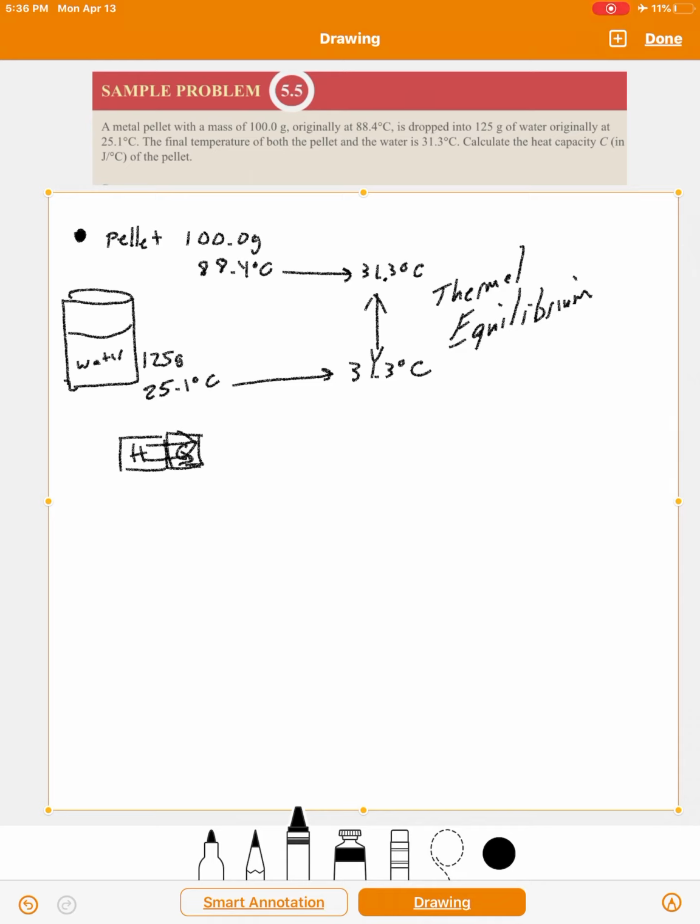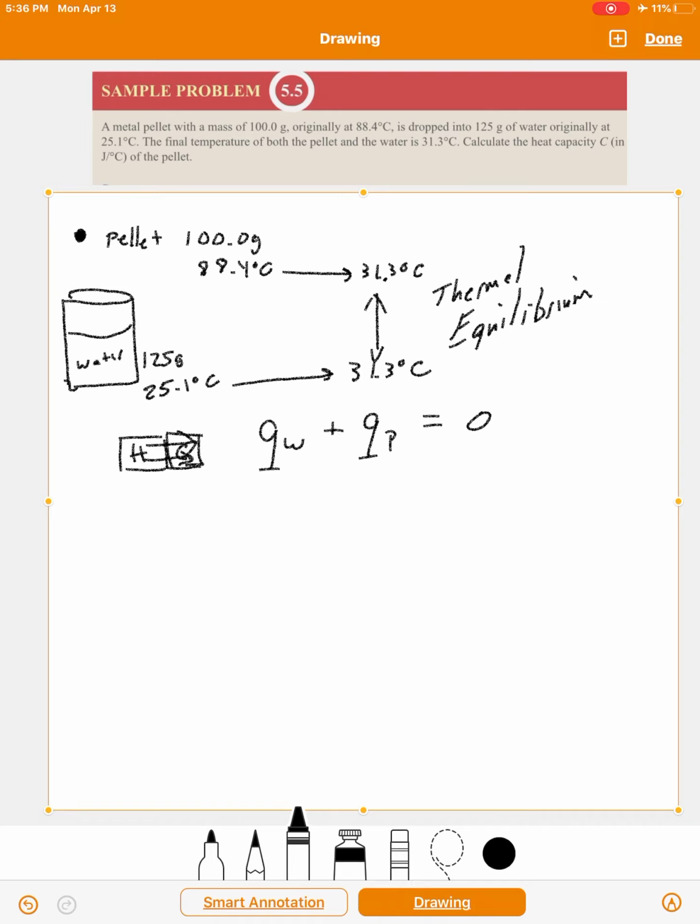So here's how I'm going to do it. The amount of heat that gets transferred to the water plus the amount of heat that's transferred from the pellet has got to be zero. Okay? Law of conservation of energy. So now the question is, how do you solve for Q? Well, we have calorimetry equations.